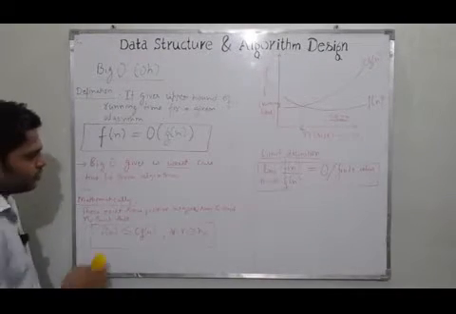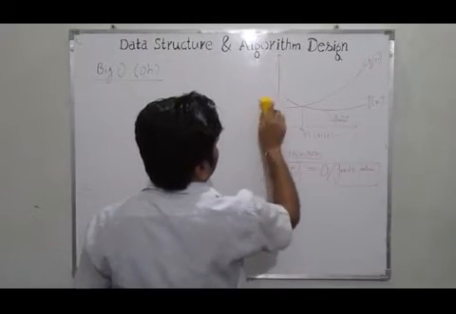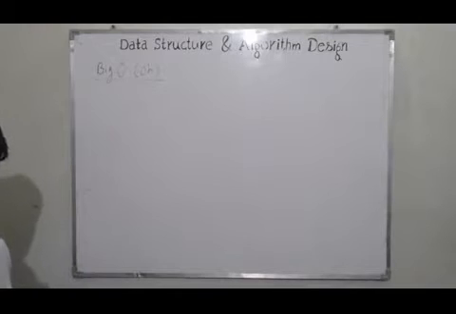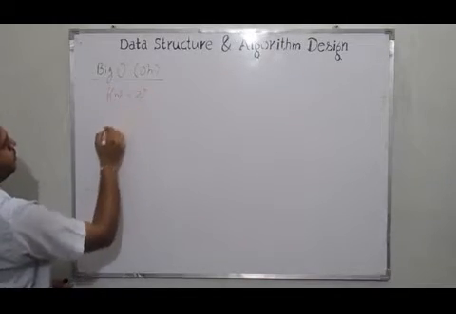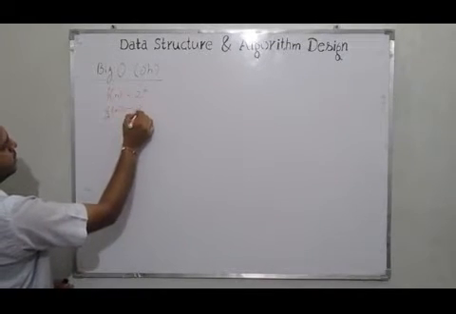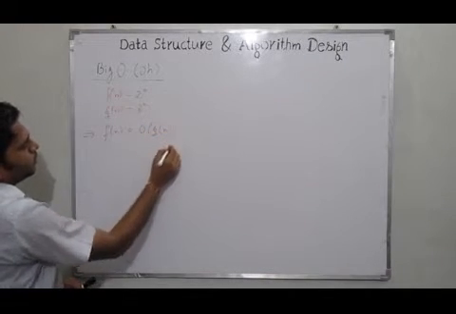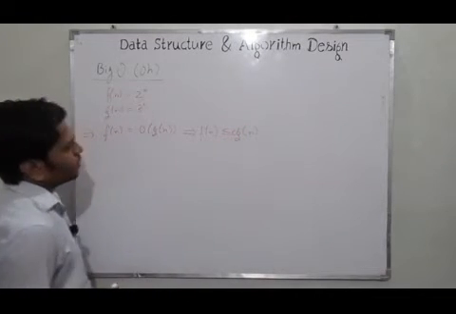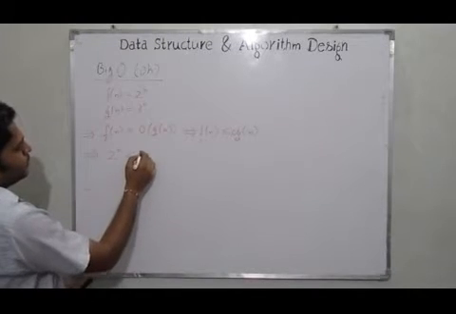So let us take the first example. If we have one function fn as 2n and another function gn as 3n, from these definitions we can easily conclude that fn is order of gn, which implies through the mathematical definition that fn is less than or equal to cgn, and it is clear from the provided function values that 2n is always less than or equal to 3n.